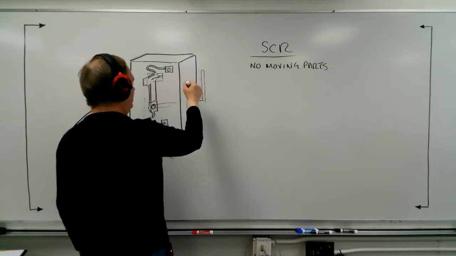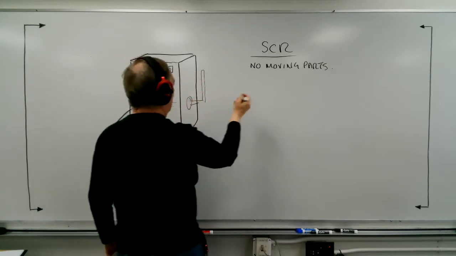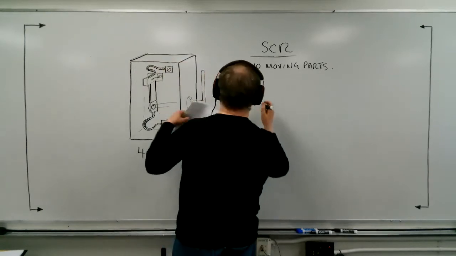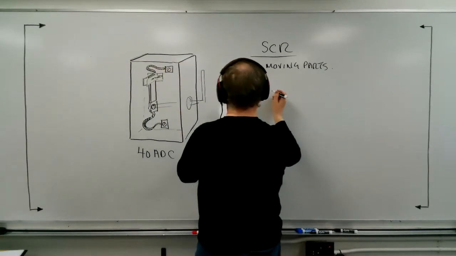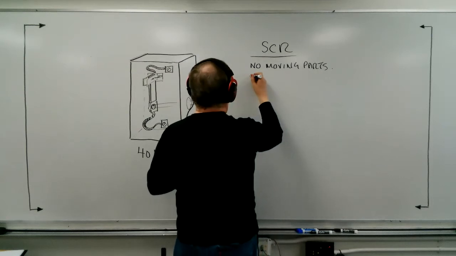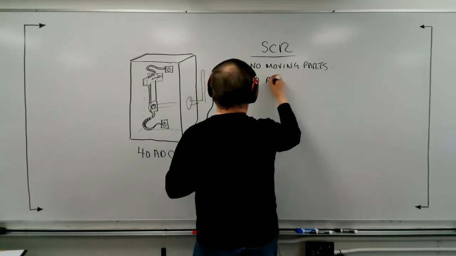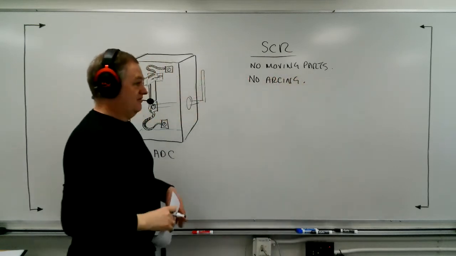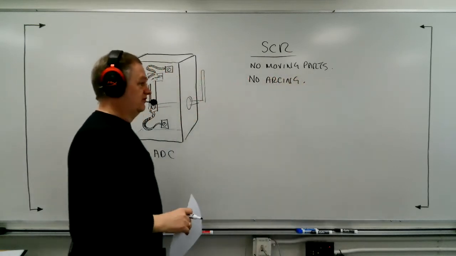If they get a little loose, they jam. There's a whole bunch of mechanical things to take care of on this type of switch. With an SCR, no moving parts. And no arcing. When an SCR shuts off, it just shuts off, and current stops.